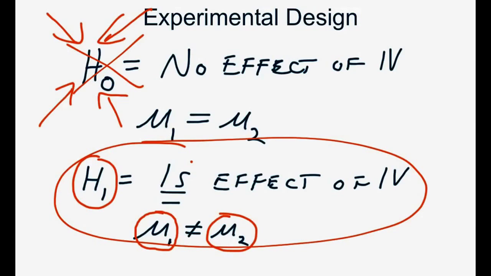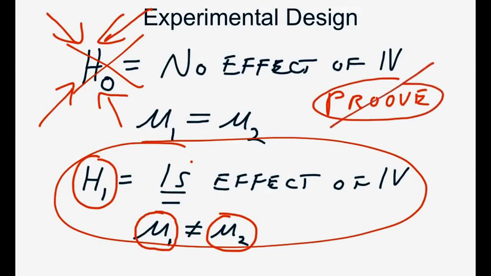This is why I always say in my research methods class and statistics classes that we never prove anything. So drop the word prove from your vocabulary. Why? Because we are only finding support for the research hypothesis. We cannot prove that every single instance in the entire population will always behave the way the research hypothesis states.